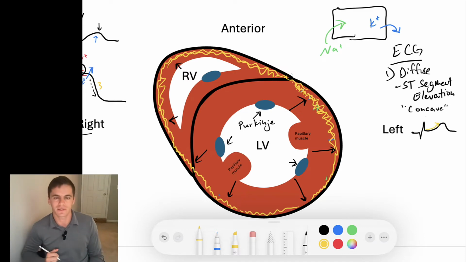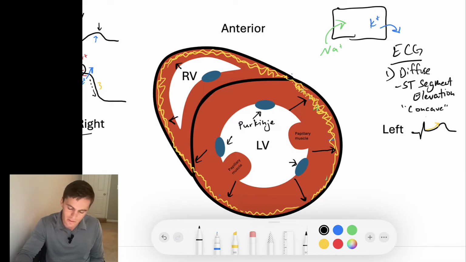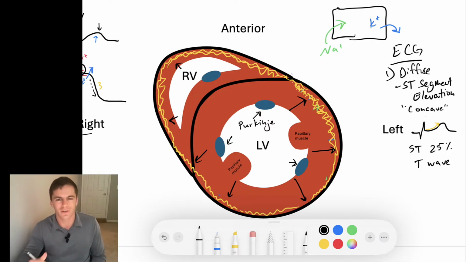Usually, the ST segment elevation is maybe 25% of the T wave, so it's generally not going to be elevated to more than 25% of the amplitude of the T wave. These are all features you're thinking of as probably pericarditis.